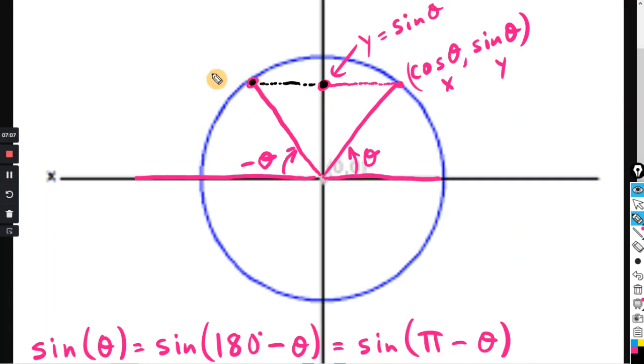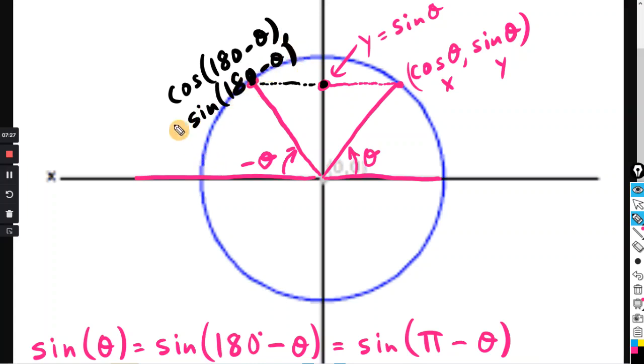So the coordinates for this point, if I can fit this here, this would be cosine of 180 minus theta, comma, sine of 180 minus theta. Okay, I couldn't fit it neatly, but suffice it to say the x-coordinate would not match, but the y-coordinate, sine of theta, matches sine of 180 minus theta.